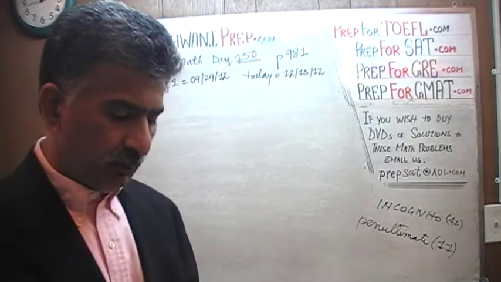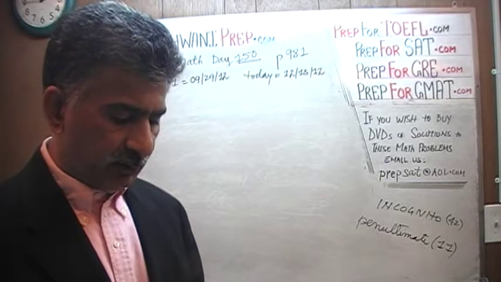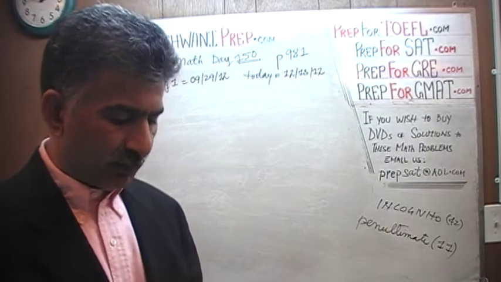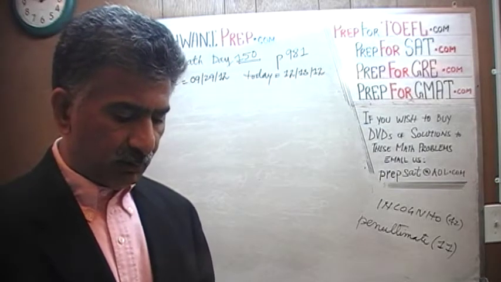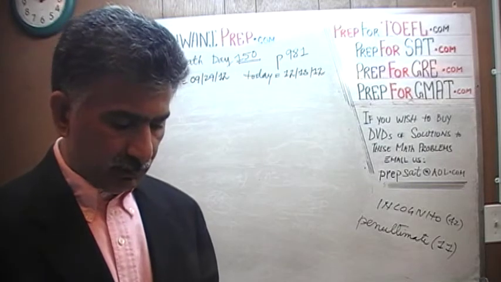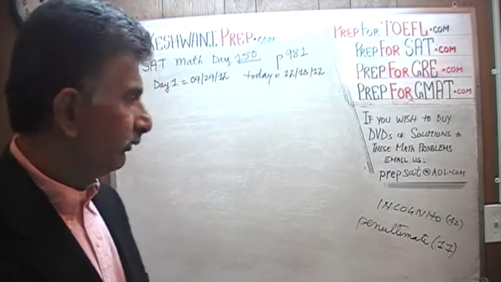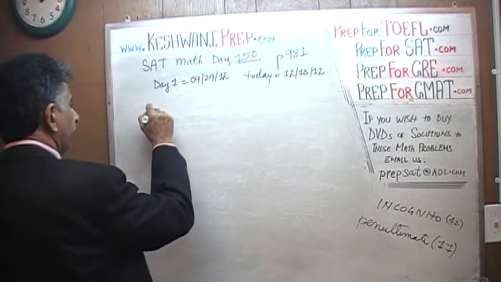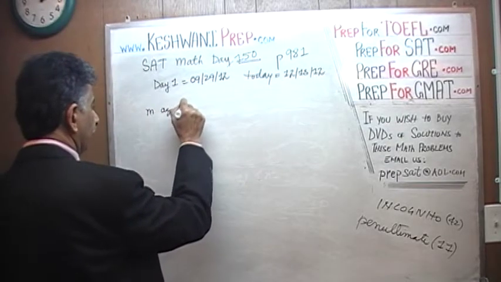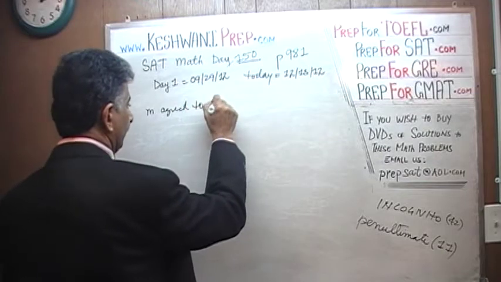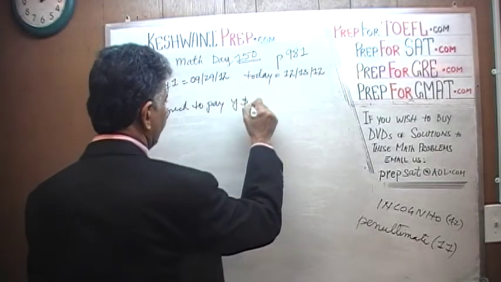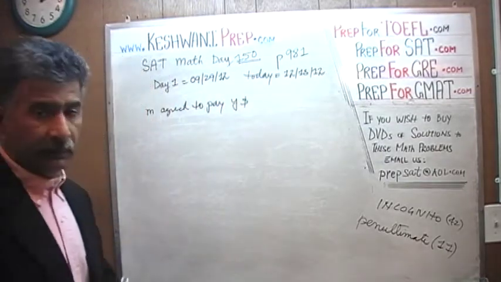It says, to celebrate a colleague's graduation, M workers in the office agreed to contribute equally to a catered lunch that costs a total of $Y. So we have M workers. M agreed to pay $Y in equal amounts.